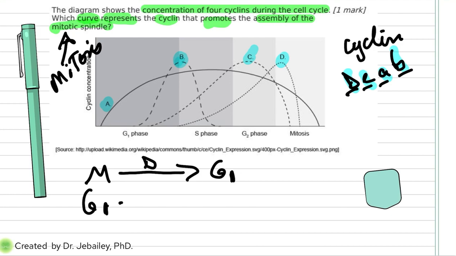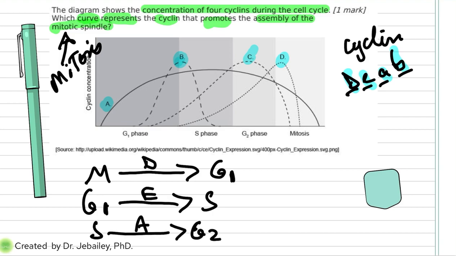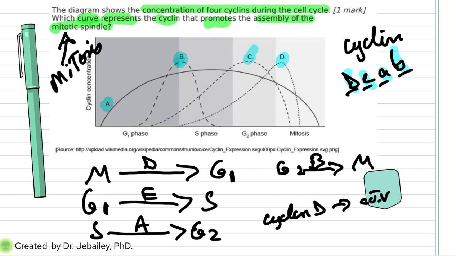If you want to go from G1 to S, you have to have a lot of E. When you want to go from S to G2, you need a lot of A. And when you want to go from G2 to M, mitosis, you need a lot of B, right? So what do I mean? Once you have a lot of cyclin D, for instance, you activate CDK, which is an enzyme. And this enzyme pushes you to go, for example, from mitosis towards G1.